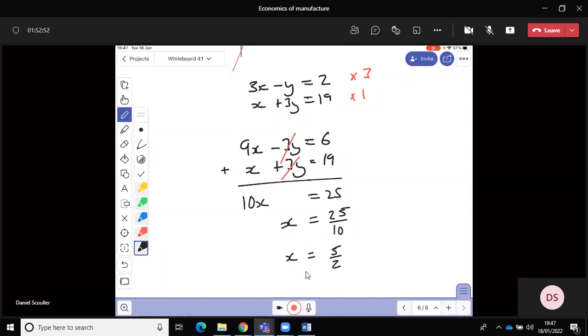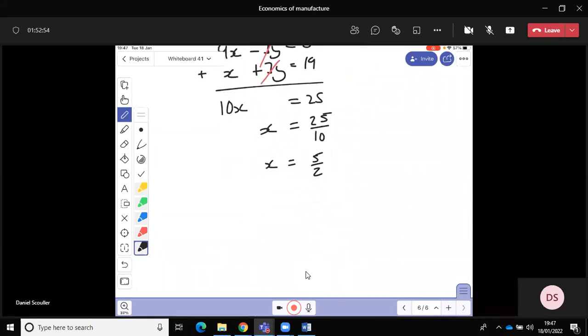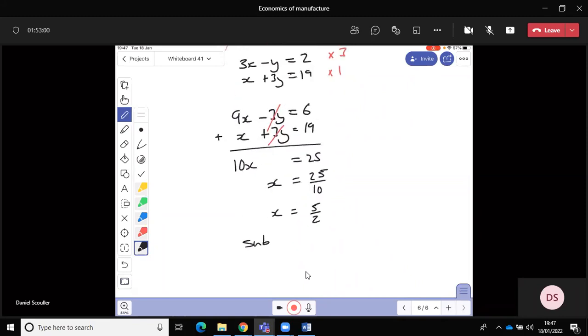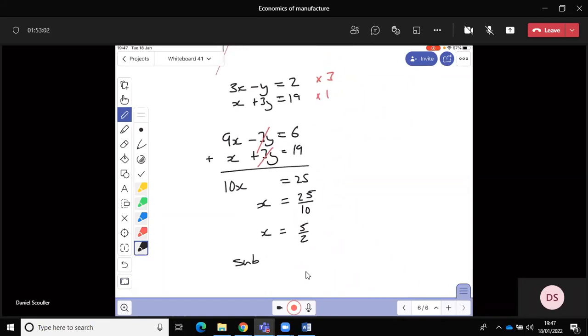I'm going to take x equals 5 over 2 and substitute that into equation 2, because we don't need to do anything with x, so x will just be 5 over 2.